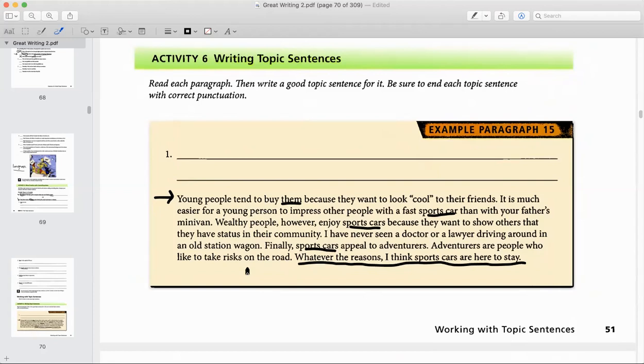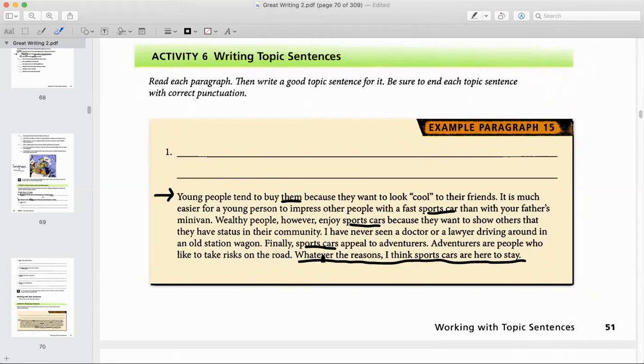Okay, so what's our topic here? This "them," what was the "them" referring to? Sports cars. And then this concluding sentence: whatever the reasons, I think sports cars are here to stay. So what did he do in this paragraph? He talked about young people liking sports cars.